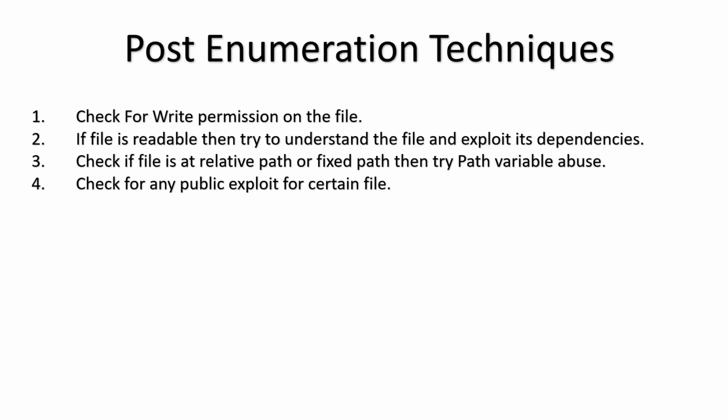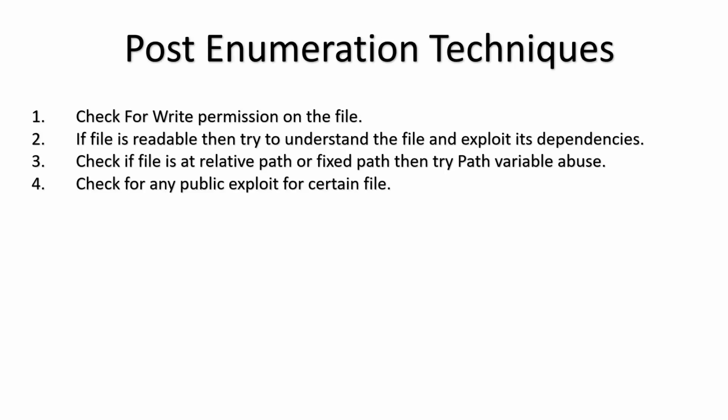Next, talking about post enumeration techniques. So this is something that no one talks about, and we really need to know about this thing. So suppose you have found the privilege escalation vector. There is some kind of privilege escalation vector. Let's take an example that you have found a cron job running every 2 minutes with sudo privileges with the root user.